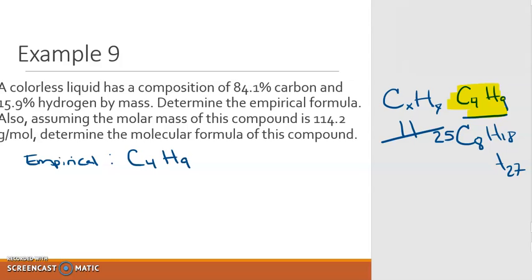Now what we need to do is use this information along with the fact that we know the true formula has a mass of 114.2 grams per mole in order to determine what the molecular formula is.